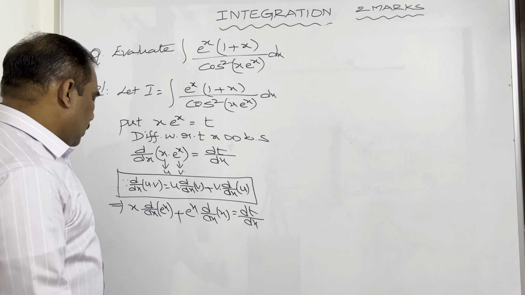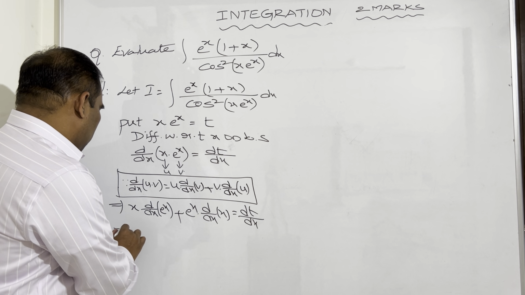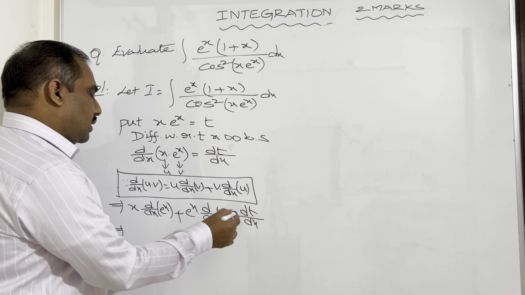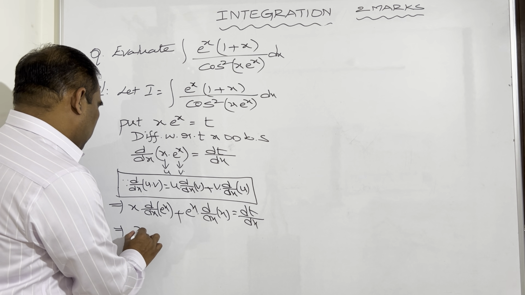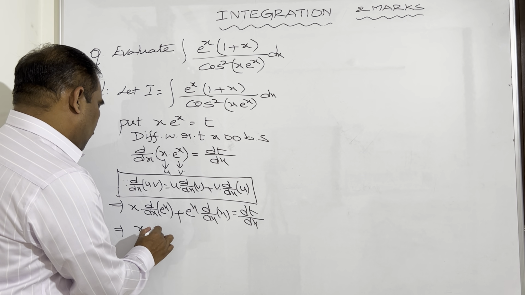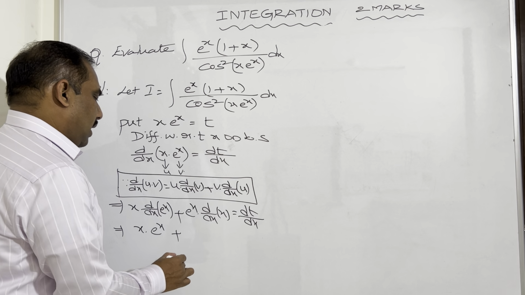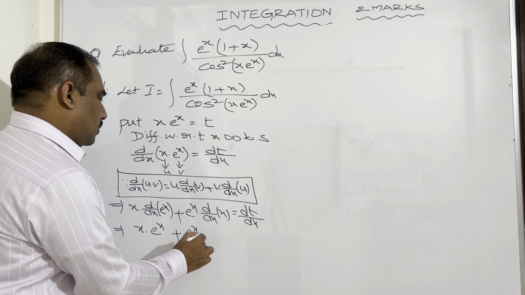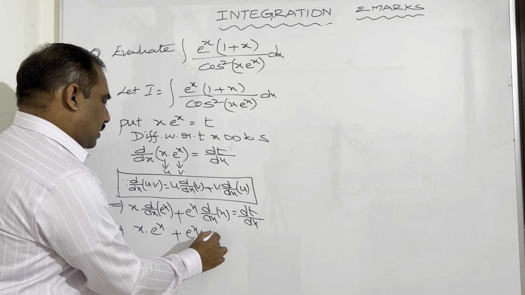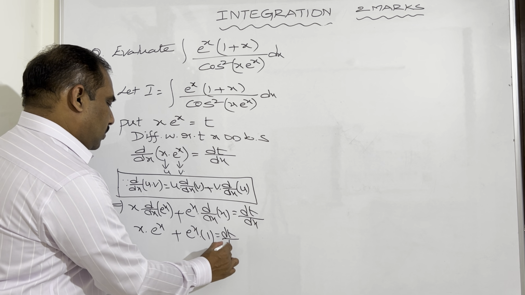Now we know the derivative of e power x is e power x, and the derivative of x with respect to x is 1. So as per this formula, x into the derivative of e power x is e power x, plus e power x into the derivative of x, which is 1, equal to dt by dx.